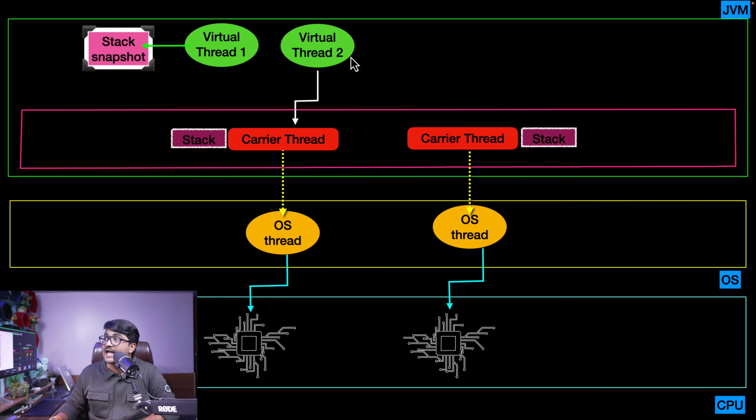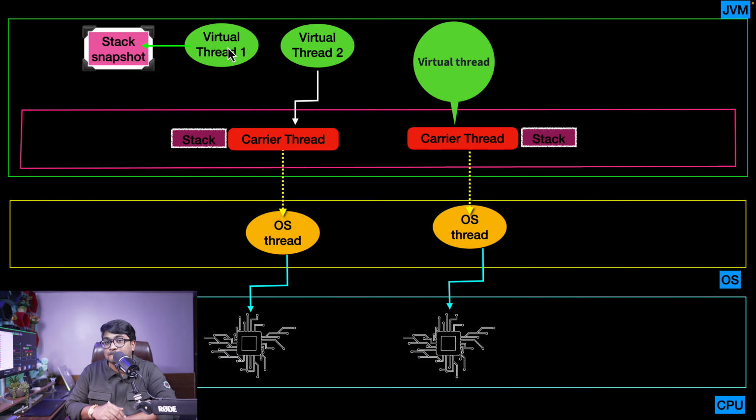But imagine the first virtual thread is now done with its blocking task and is ready to run further. If this carrier thread is also taken up by another virtual thread, what will this do? Anyone can guess? It wants to execute, but no carrier threads are available right now. So what will happen?